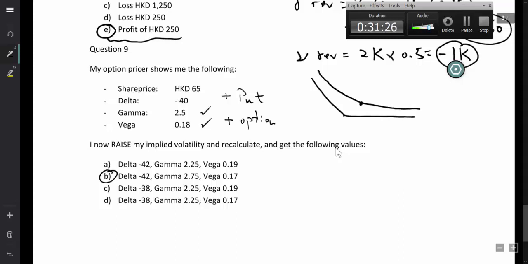Okay. So if this was your payoff, then this is a map. And you know how when you're on a map and they tell you you are here. Well, right now you are here. I can't draw these things very well. So we are kind of asking you to imagine what happens when vol goes up.